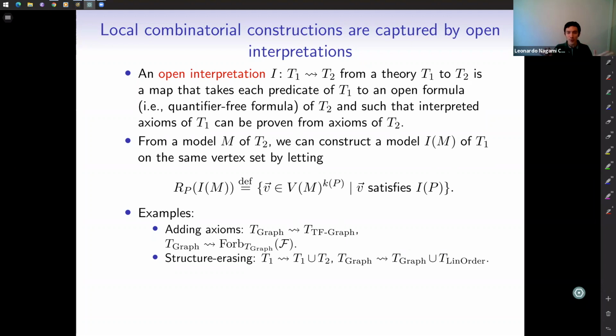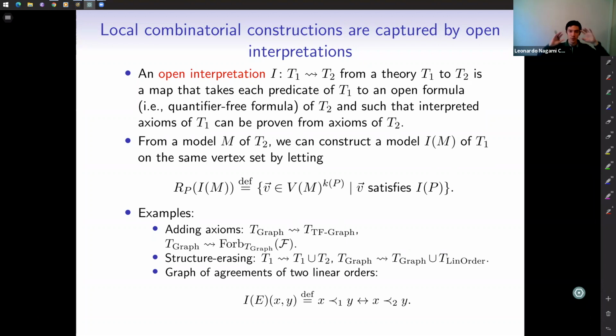Now, let me give you a non-trivial example here. So for example, say that I gave you two linear orders, right? So there's a vertex set and somehow I gave you two linear orders. Now, one combinatorial construction you could do is you could say, let's form a graph in which I put an edge every time these two linear orders agree, right? If they agree, I put an edge. If they disagree, I don't put an edge.